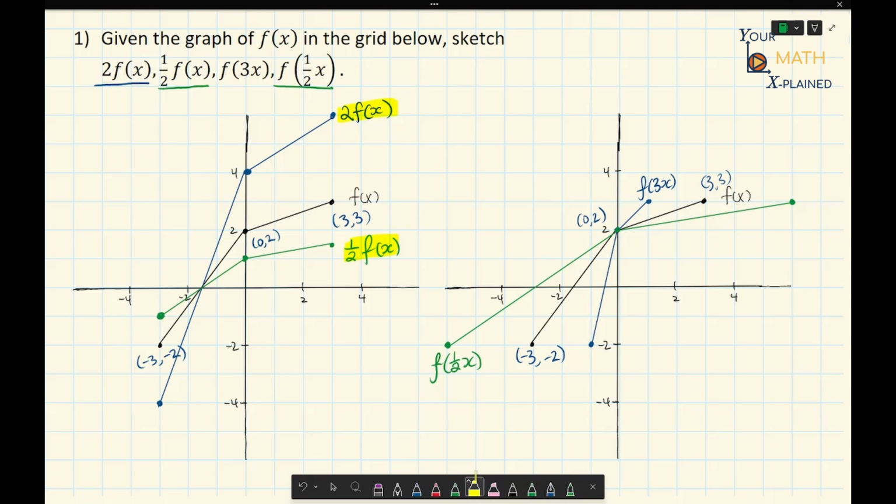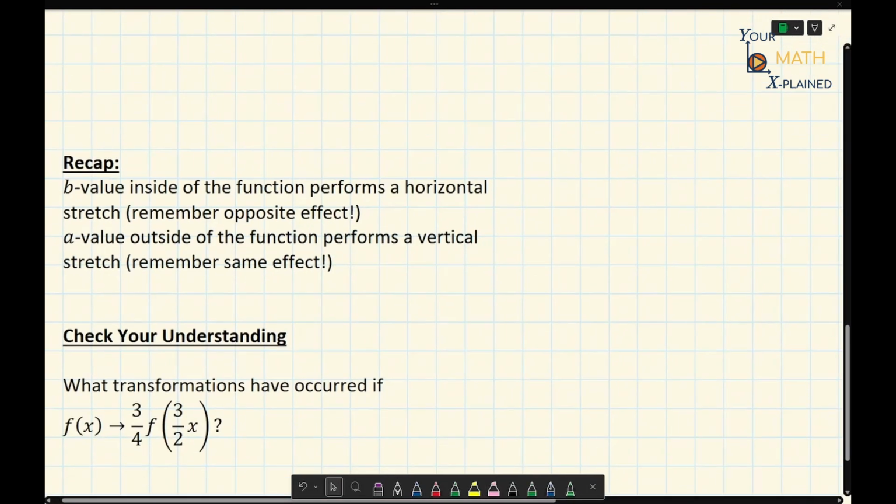But if we're talking about stretch, it doesn't have a direction built in. So again, if we are talking about 2 times f of x, we would say that is a stretch by a factor of 2. But if we're talking about 1/2 times f of x, we would say that is a stretch of 1/2. So now let's go ahead and do a recap of everything that we have just learned.